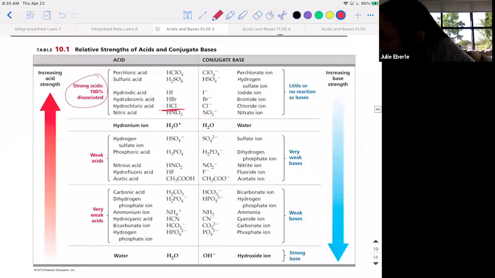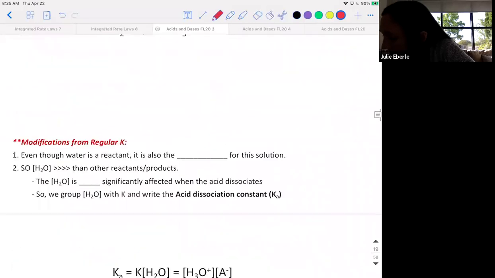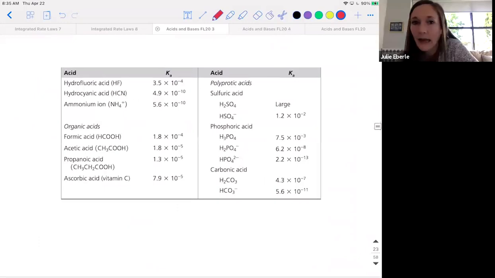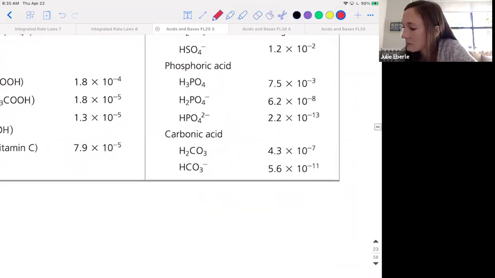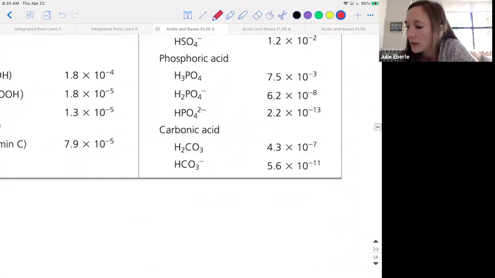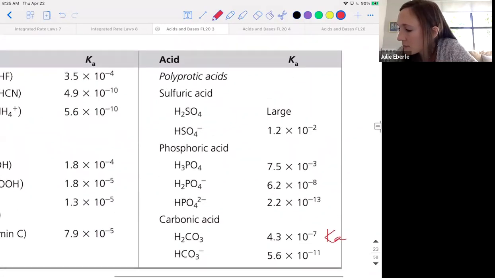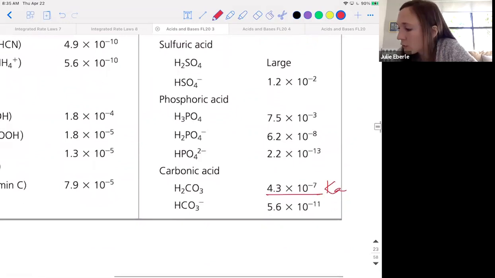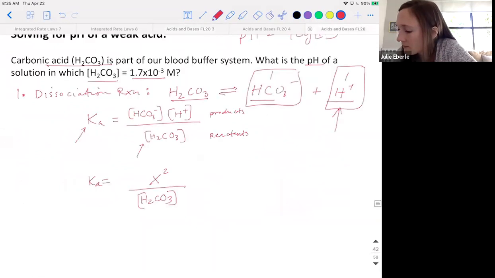I think it's right here. Ka for carbonic acid is 4.3 times 10 to the minus 7. So this is Ka, right? This is a table of Ka values. So we need this value, 4.3 times 10 to the minus 7.